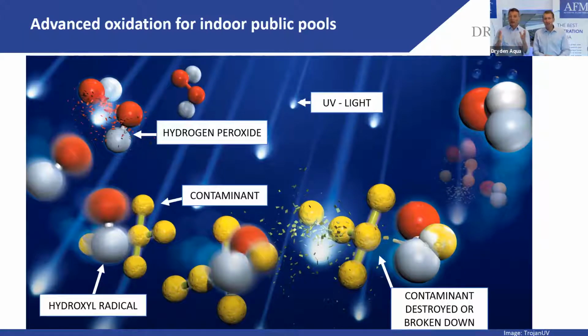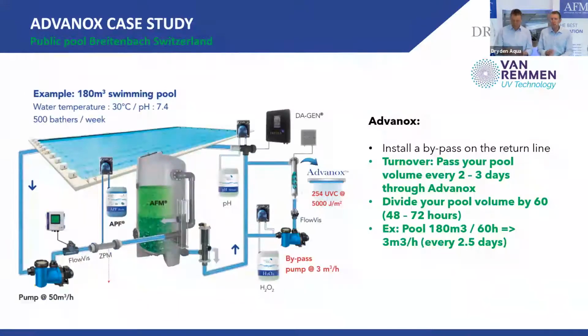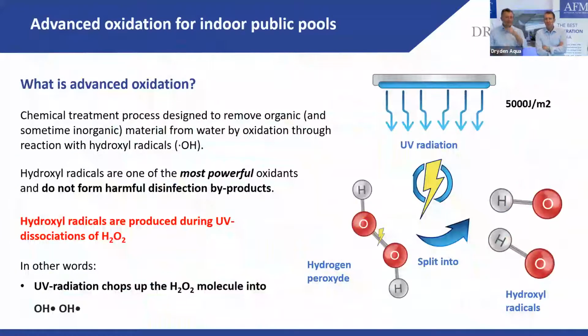Exactly. And the way you produce them, there are different ways, but to produce them in a massive way, you take these photons, very high UV radiation, at 5,000 joule per square meter.